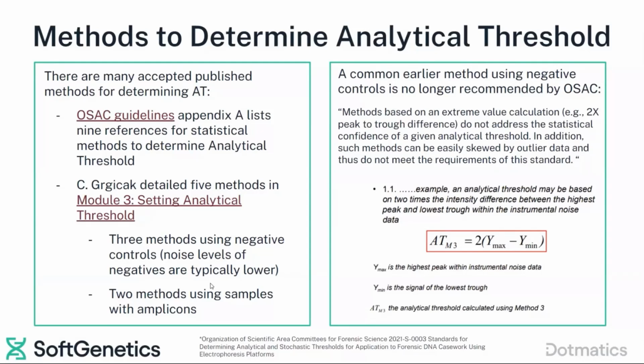One thing to note is that a common method that used to be used is no longer recommended by OSAC, and that is the method of looking at extreme value calculations, where you're looking at the highest noise peak and the lowest trough, and then multiplying that difference by 2. This is actually one of the methods that used to be used fairly commonly, but is no longer recommended.